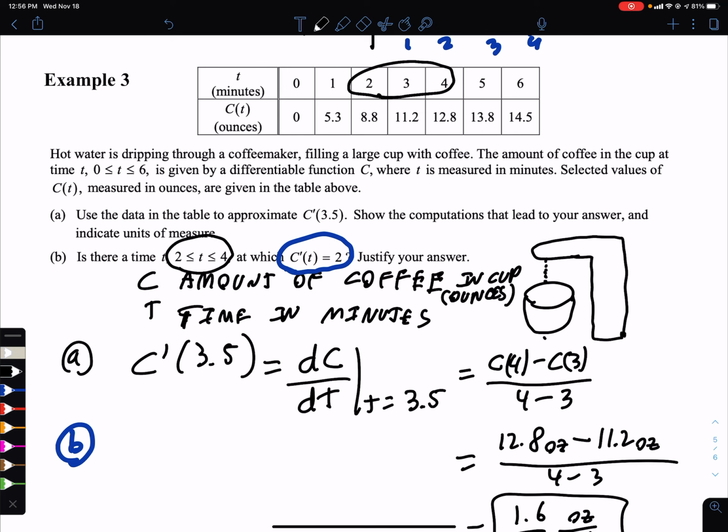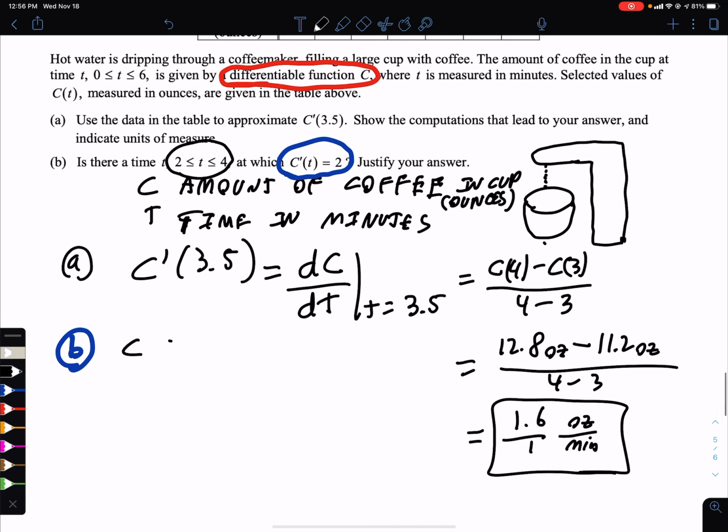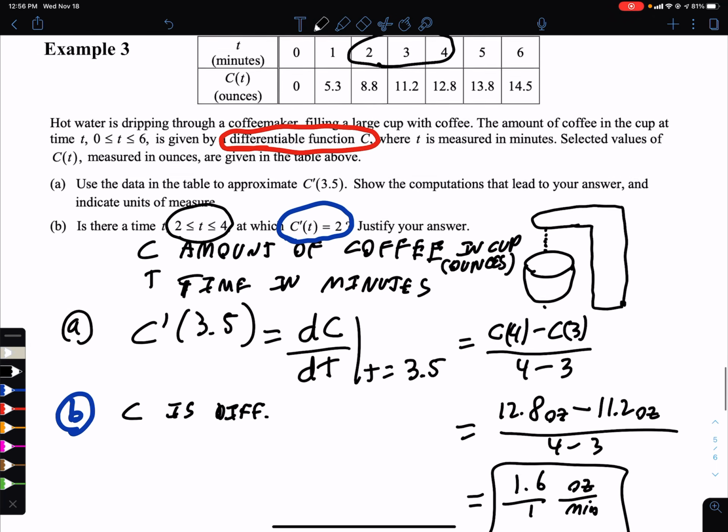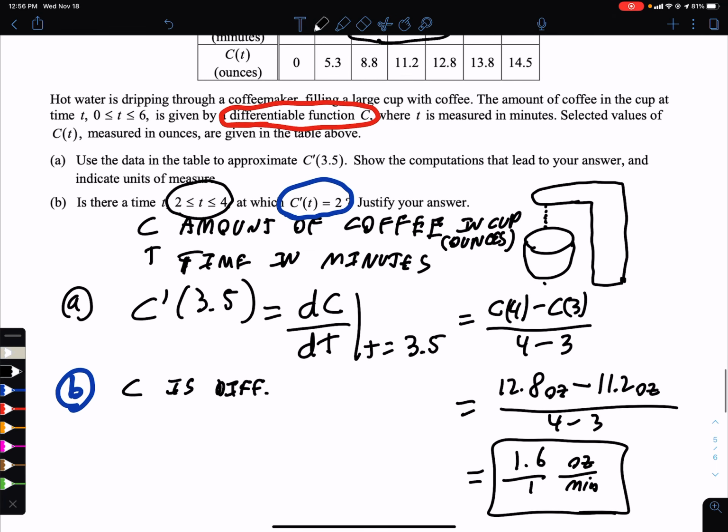Here's what we know. First, to apply mean value theorem, it must be differentiable and continuous. But look, it's differentiable. So we can say C is differentiable always. We just know that. If it's differentiable always, it's differentiable on our interval. So you could say on 2 to 4 if you wish.